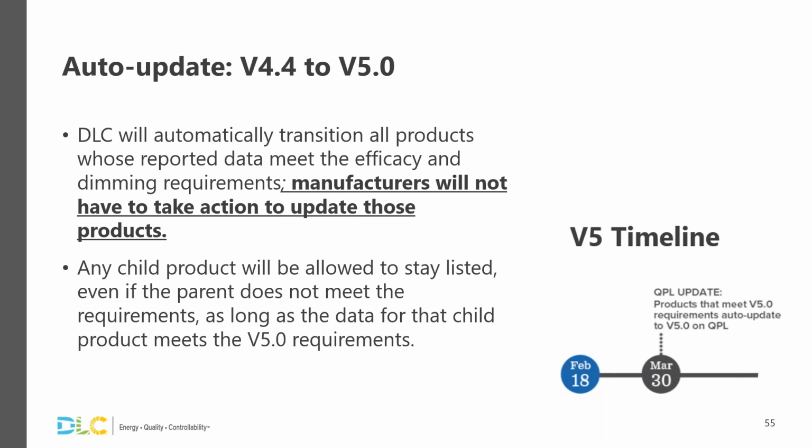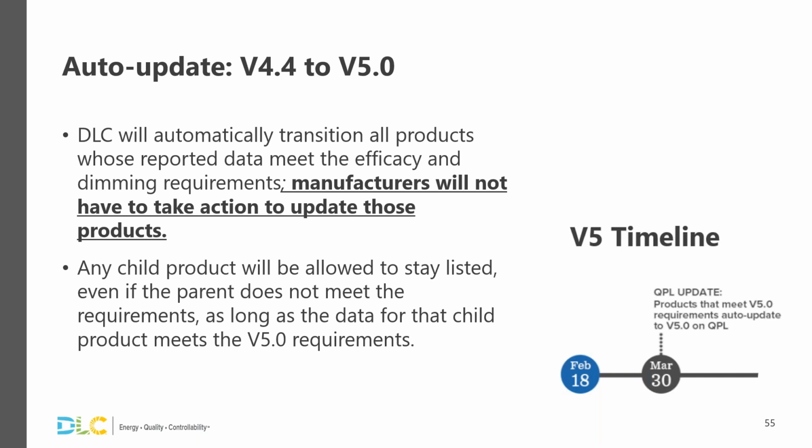In addition, one change that we've made to the transition from version 4.4 to 5.0 is that any child product will be allowed to stay listed even if the parent product does not meet the requirements, as long as the data for that child product still meets the version 5.0 requirements.